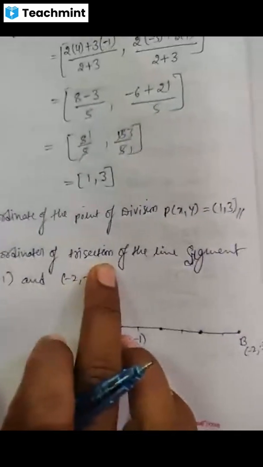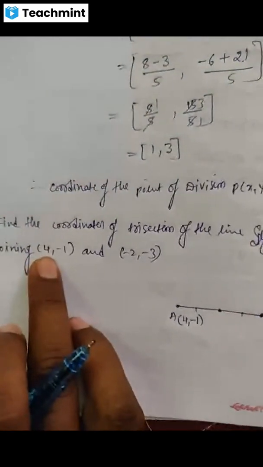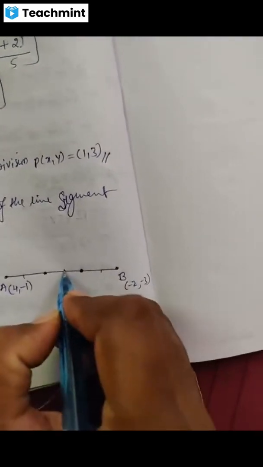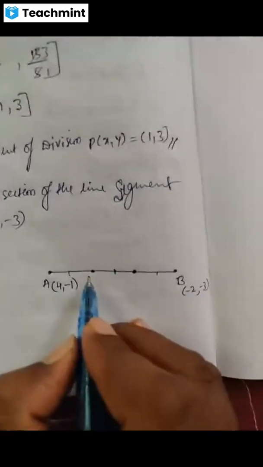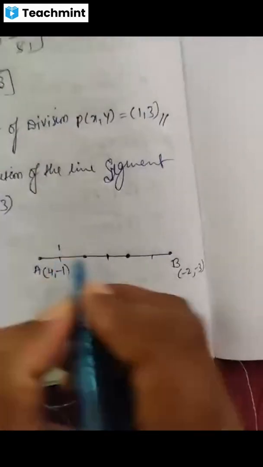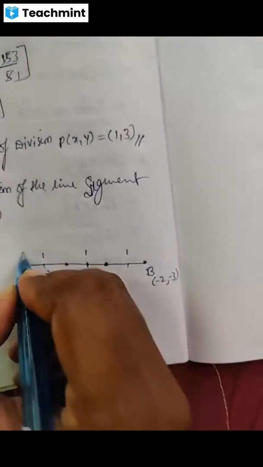See here, all the 3 parts are equal. So this is 1 unit, this is 1 unit, this is 1 unit.